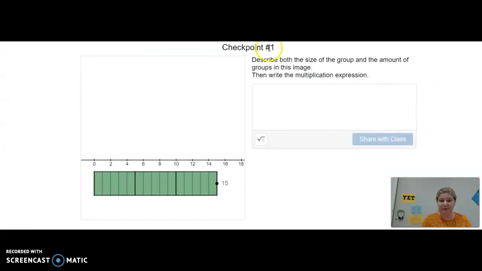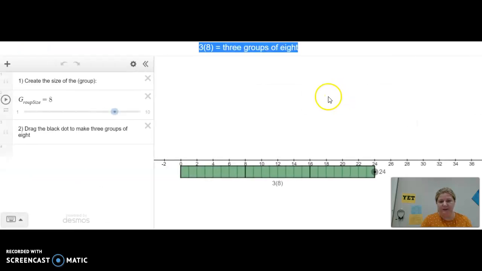This is a checkpoint for you to do. Describe both the size of the group and the amount of groups in the image. Then write the multiplication expression. So, looking here, maybe I need to look back and make sure I know what I'm talking about. So here I had 3 groups, and each group had 8.